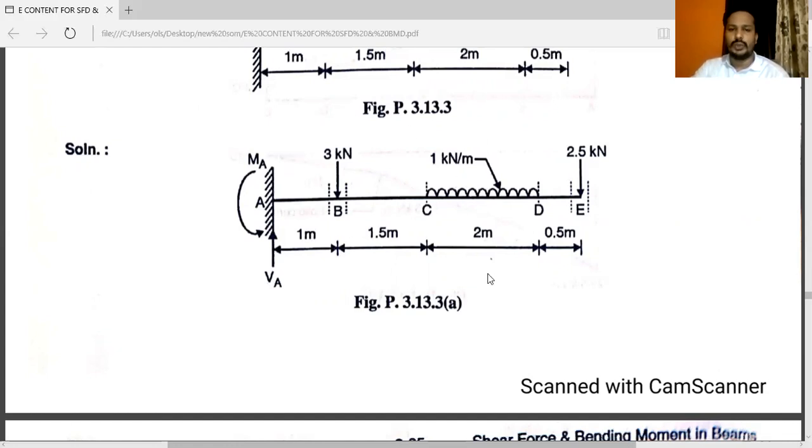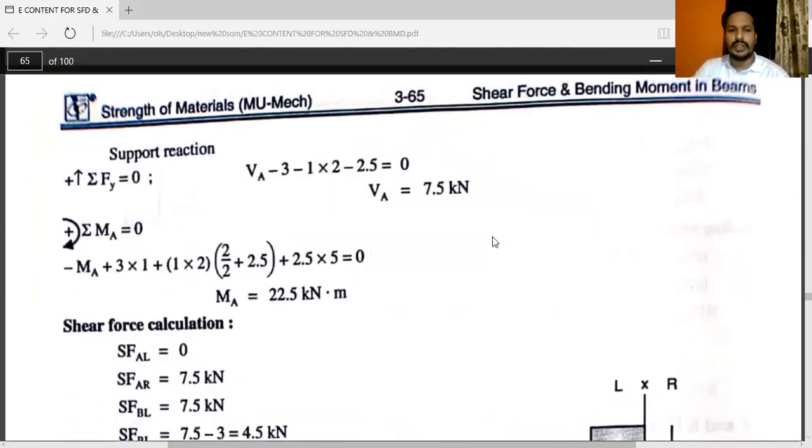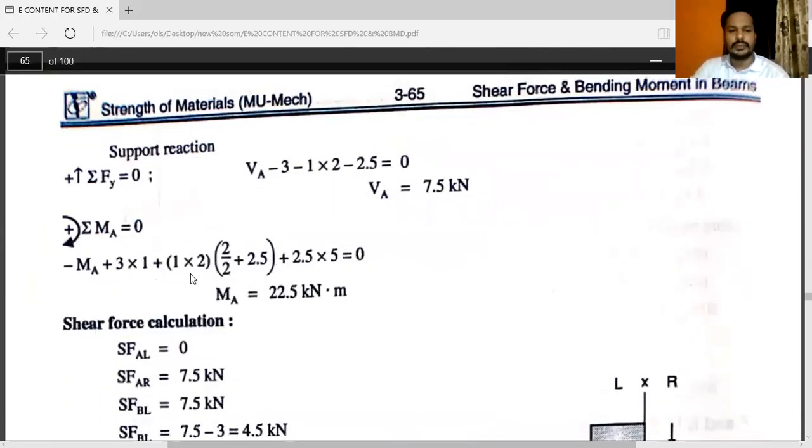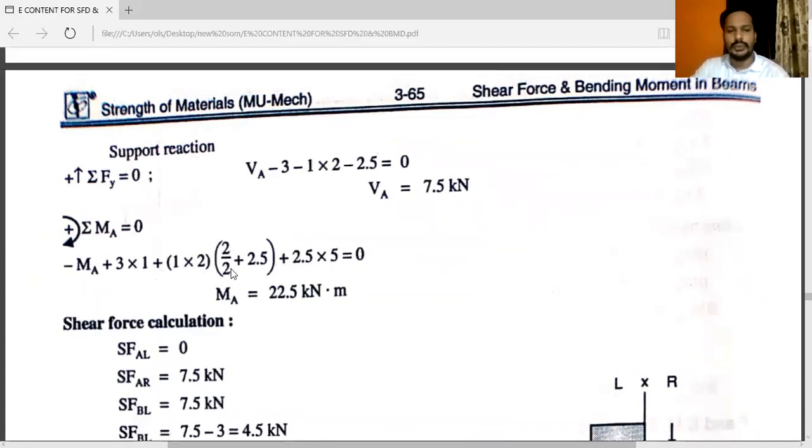So plus 2 into distance 1 plus 1.5, that is 2.5, plus 2 by 2, that is 1. So here 3.5. So 2 into 1 into 3.5, you can see here, 1 into 2, that is intensity, 2 by 2 plus 2.5.